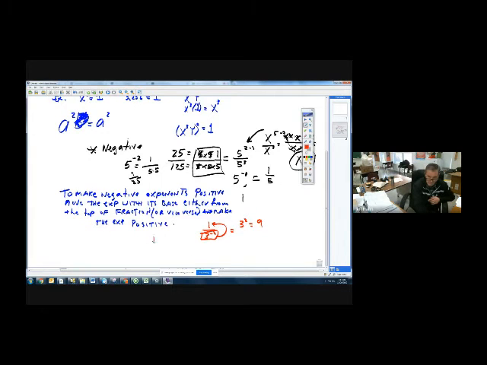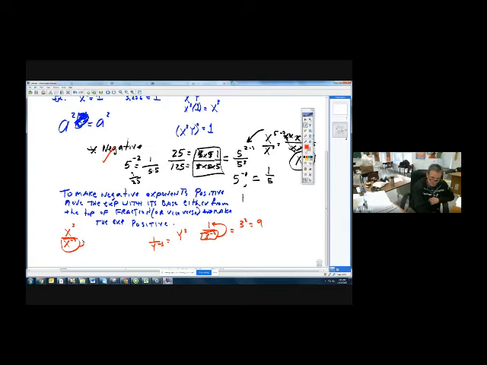If I had 1 over y to the negative 3 power, I just move that whole base and exponent to the top. It becomes y to the positive 3 power. Some examples the book will give you: if you have x to the 3rd power over x to the negative 7 power, you need to make this exponent positive.